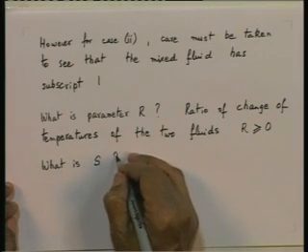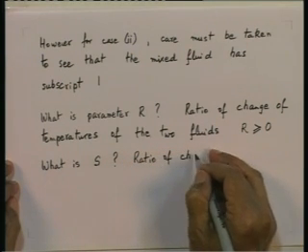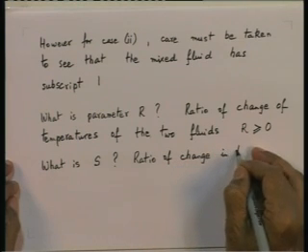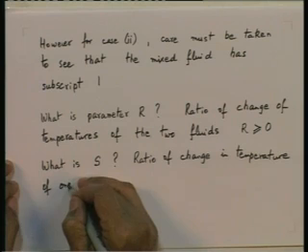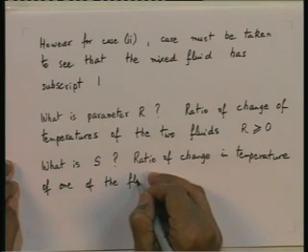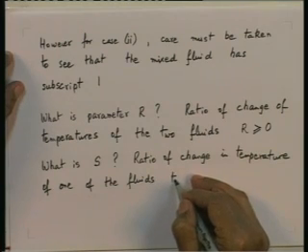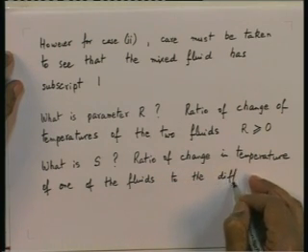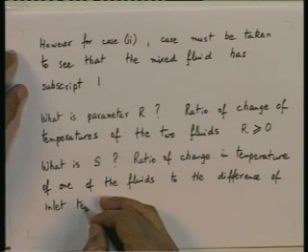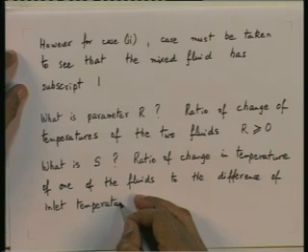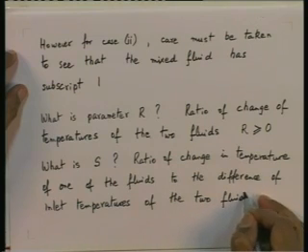The parameter S, the second dimensionless quantity, is the ratio of change in temperature of one of the fluids to the difference of inlet temperatures of the two fluids, THI minus TCI.